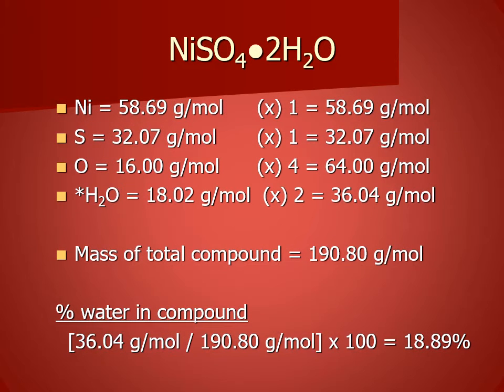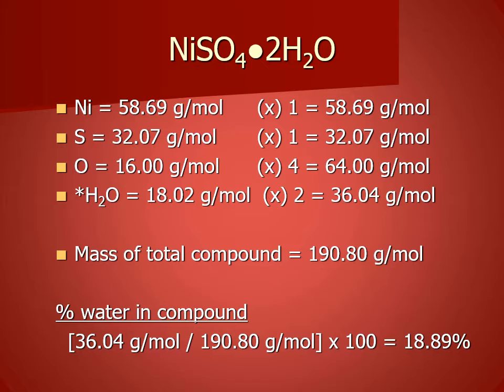Okay, so I looked at my nickel, 58.69 grams from the periodic table for a mole of it. I only have one of them, so there you are. Same thing with the sulfur, 32.07 from the periodic table, and I only have one of them. Oxygen, 16 from the periodic table, remembering that we are always rounding to the nearest 100th in all of our atomic masses when we go to the periodic table before we do anything with them.